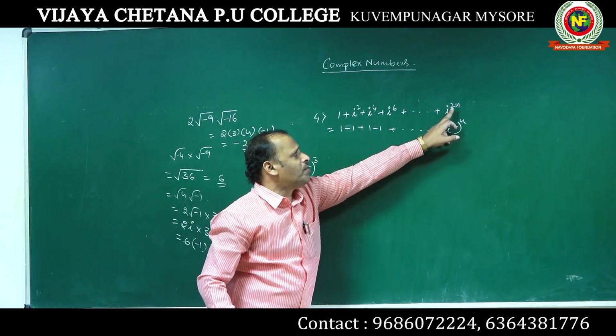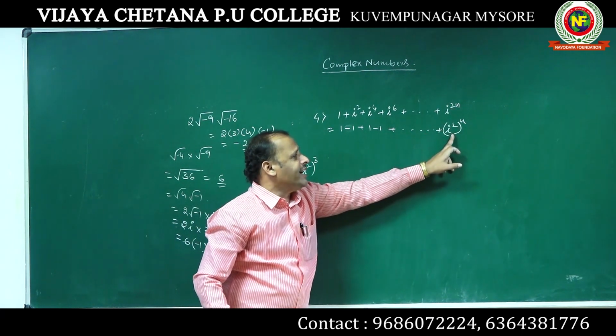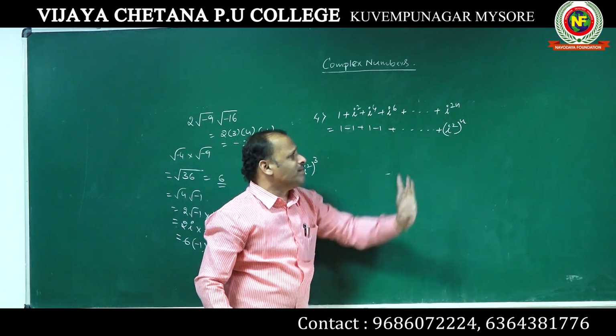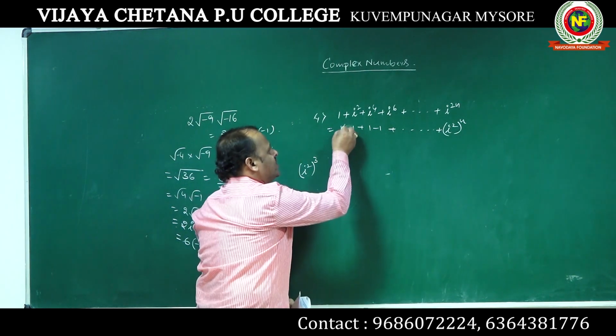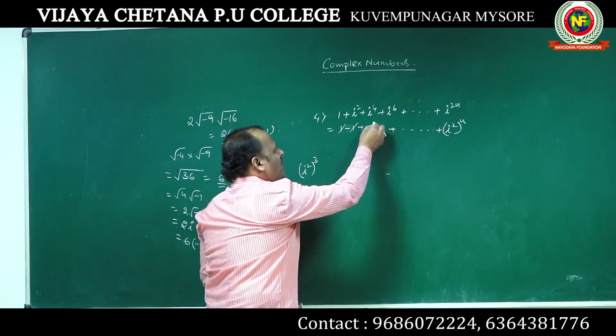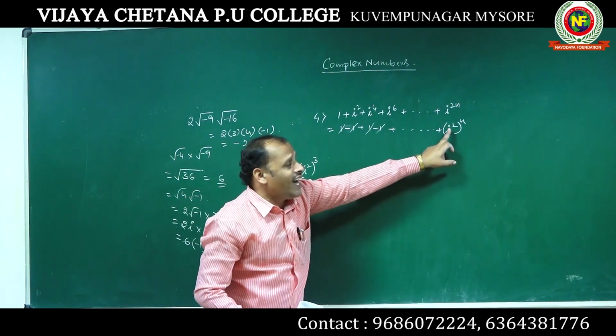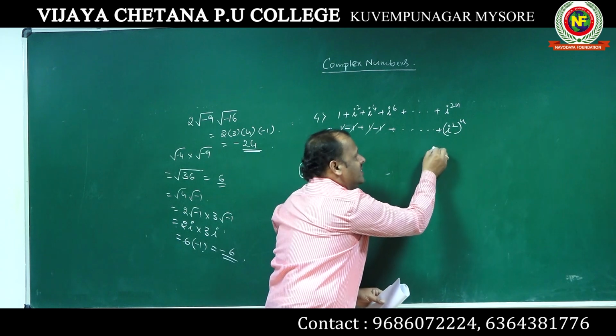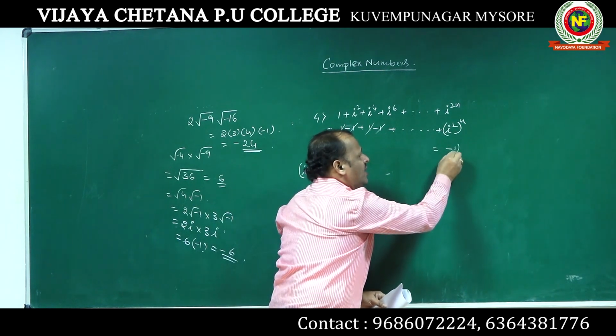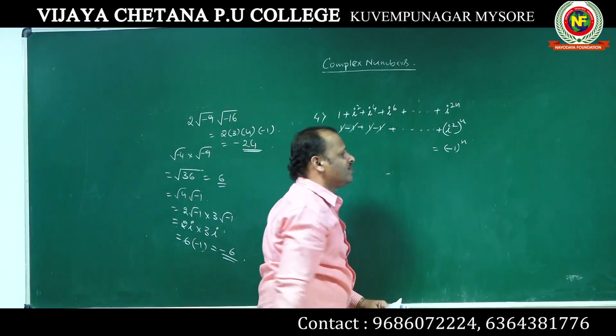Here I to the power 2n become I square to the power n. Now here +1 -1 will cancel.